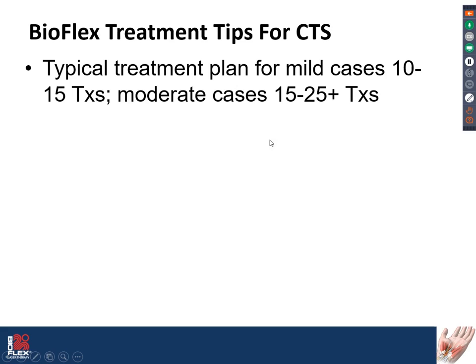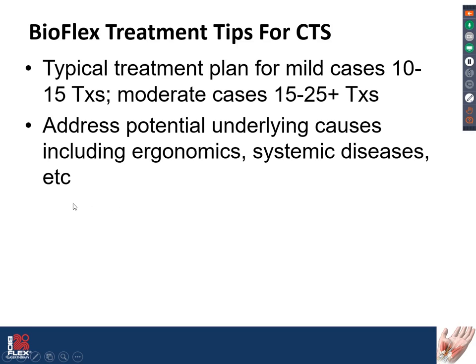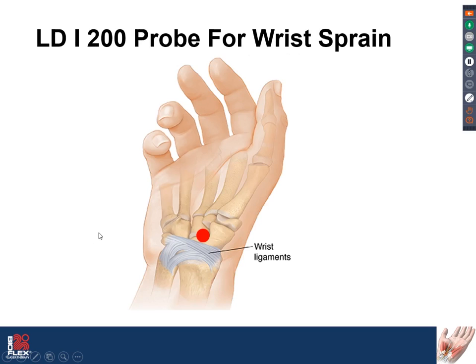For moderate cases, you're looking at 15 to 30 treatments in total. And severe carpal tunnel syndrome, again, is very challenging to take on because oftentimes they do release surgeries or what have you. Remember to address potentially underlying causes, whether it's ergonomics or systemic diseases, that kind of thing.